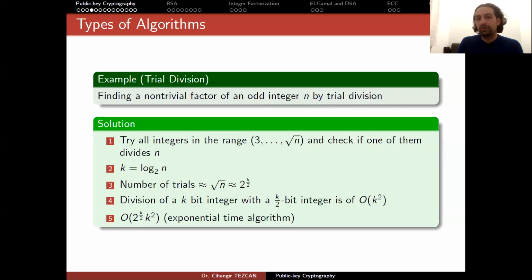So after some point on, your computational power, regardless of how many cores you have, wouldn't help you. You wouldn't be able to factorize big integers. So we are talking about this because in the RSA, we will see that security of RSA algorithm depends on the hardness of this factorization algorithm.